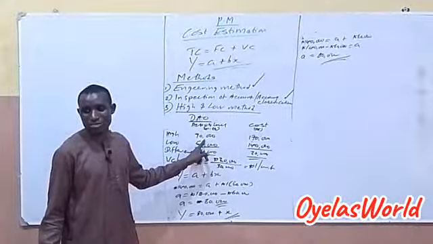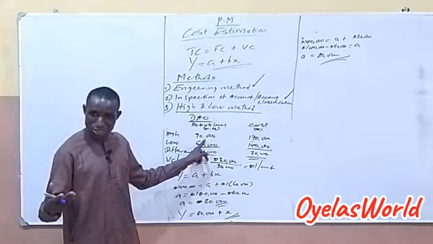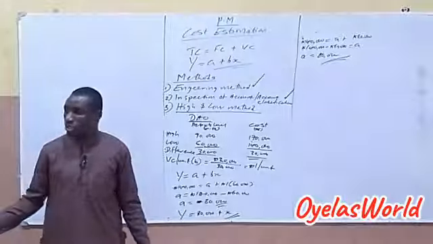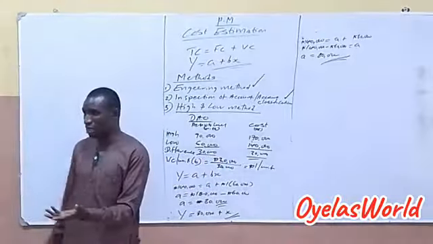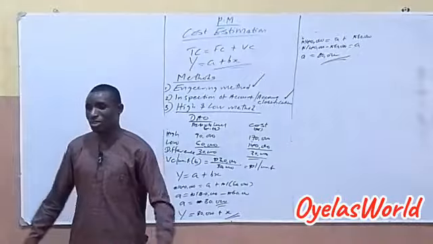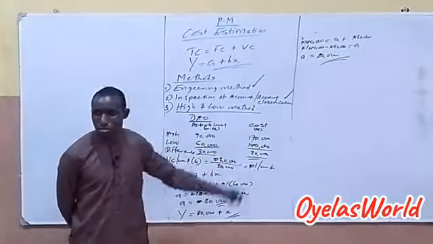Check your calculator. You want to see whether it's variable. So for variable cost, the B must be constant. If you are saying 140 divided by 60, does it give you the same value? It won't give you the same value. What of this one? Is it the same?